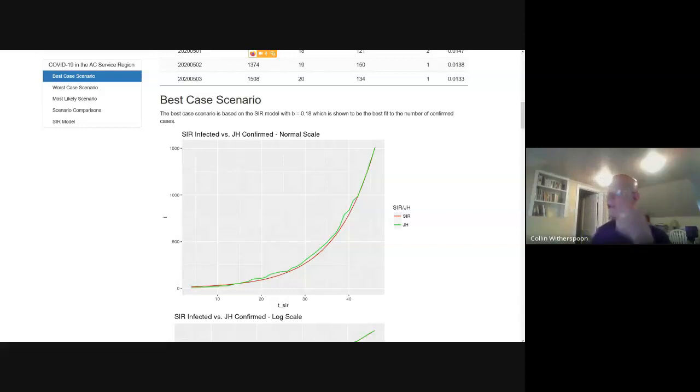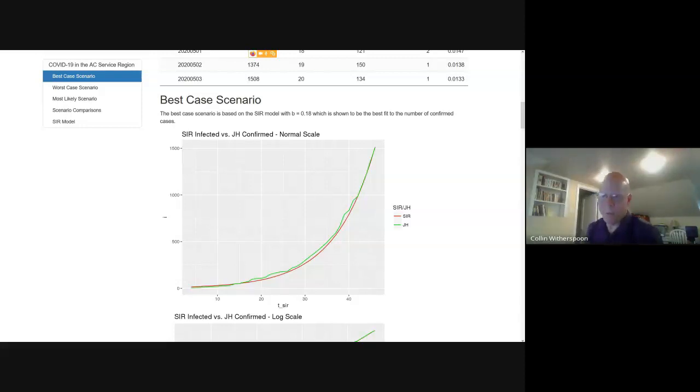So I get a best case scenario, and it is based on an SIR model with B equaling 0.18. The way I do that is another mathematical process, finding the best fit using a sum of squared error value.